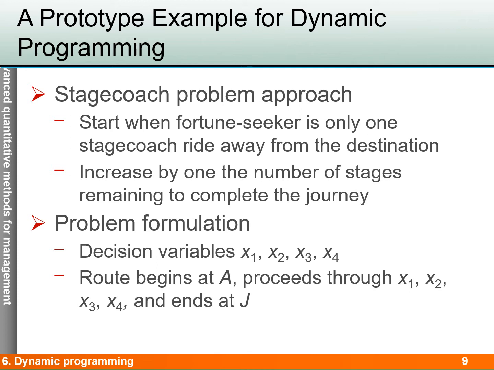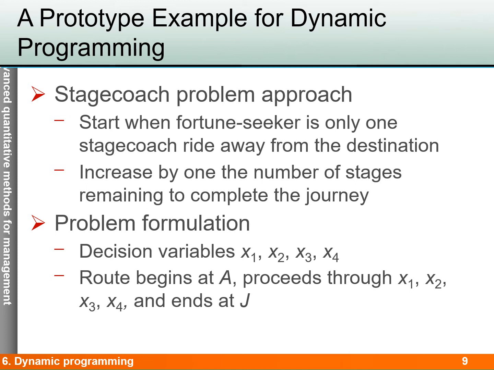To formulate the example, we should decide about some variables. These variables are in general form xn. How many variables do we have here? There are four different decision variables: x1, x2, x3, and x4.